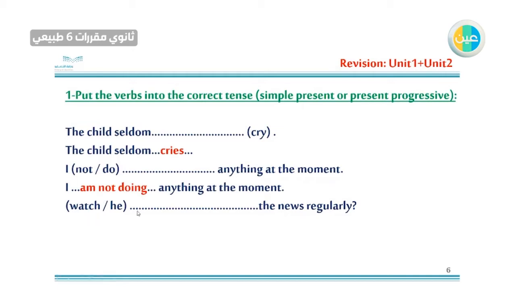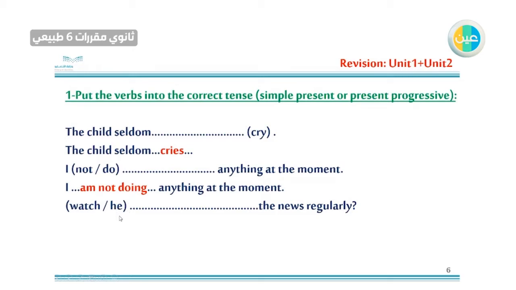Watch he the news regularly. So here he wants you to make a question. Do you notice the question mark? Okay. Is the sentence here in the present simple or present progressive? Regularly? Yes, it's present simple, habit, routine. So what is the suitable helping verb for present simple to make a question?